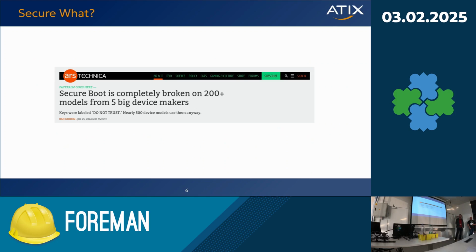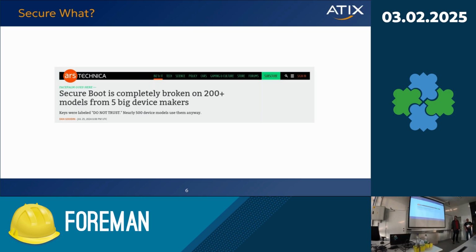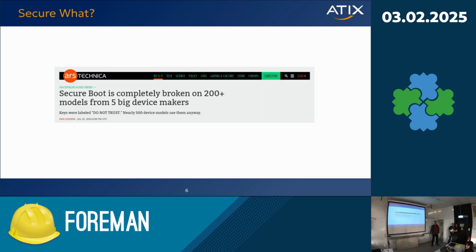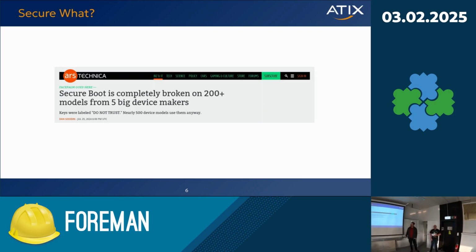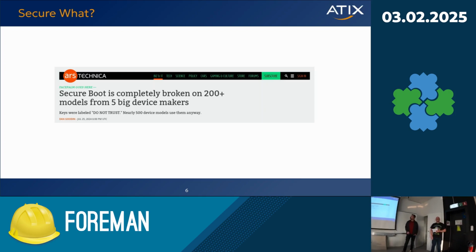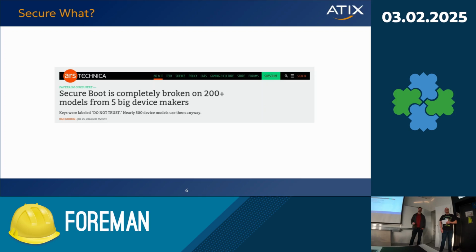So for example, there are news that hardware is shipped to customers, and then you find out that it contains credentials which were basically for test purposes. So that's not good.